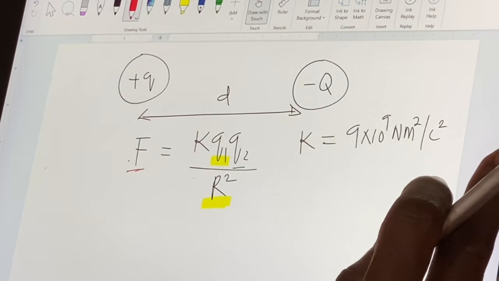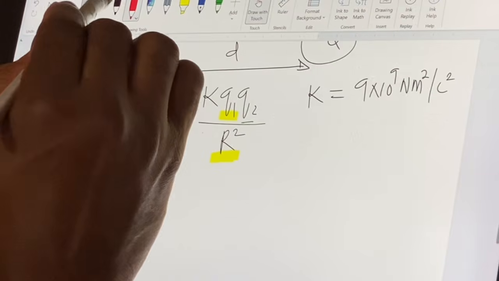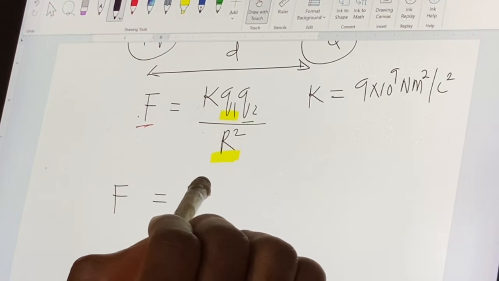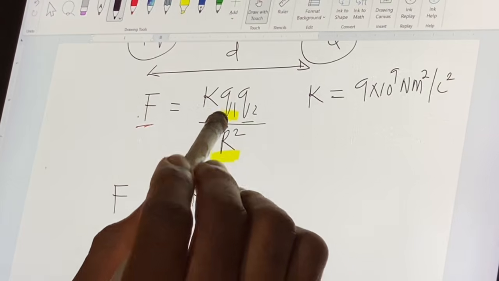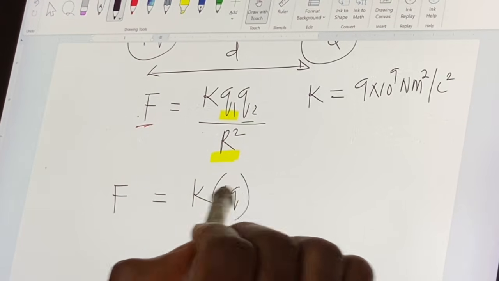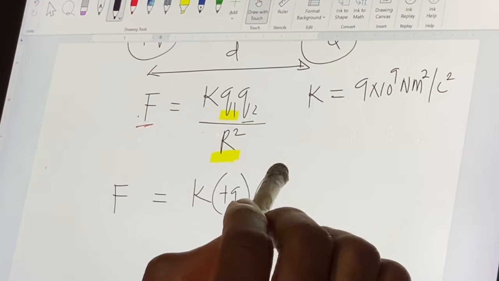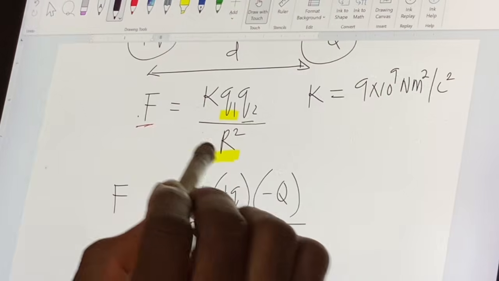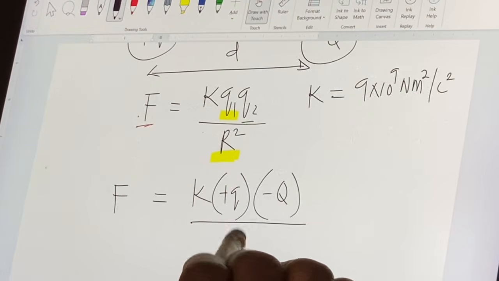Applying Coulomb's law, F will be equal to K, taking Q1 as plus small q and the second charge as minus capital Q. Please take note. Over the distance, which here is D squared.